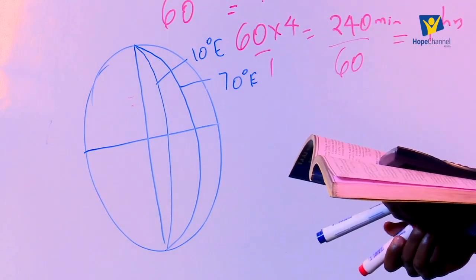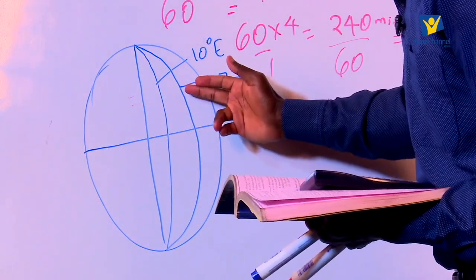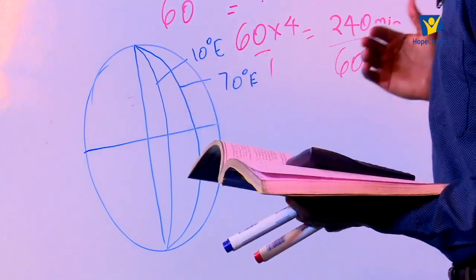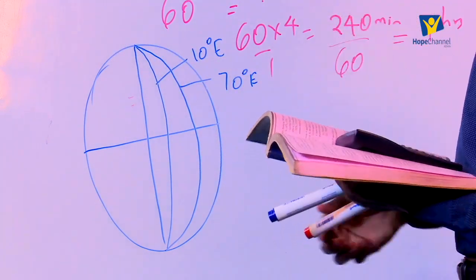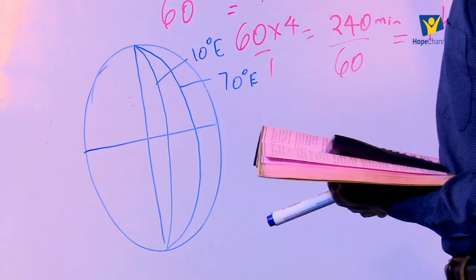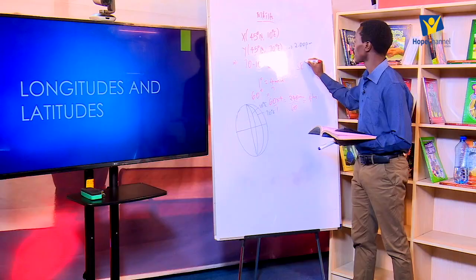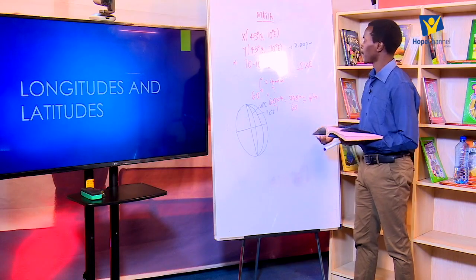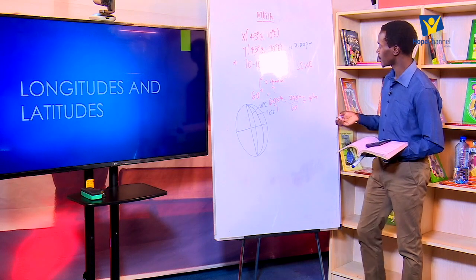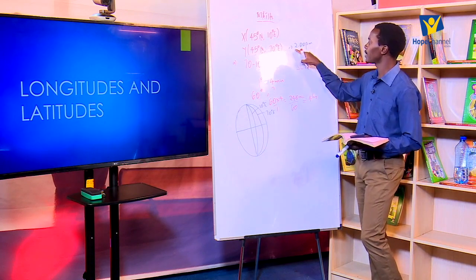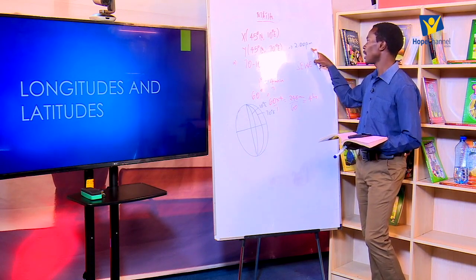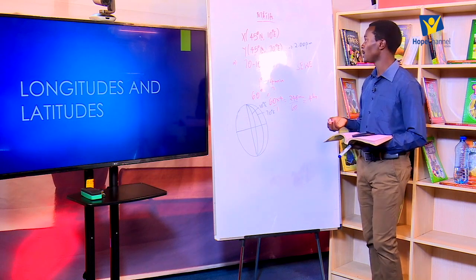So what you're going to do, because we are moving now from east to west, and I said subtract east to west. If you remember that acronym that I wrote somewhere, subtract east to west. So basically we're going to subtract, but because this is in hours, convert this one to hours. It is 2 p.m., add 12 hours.